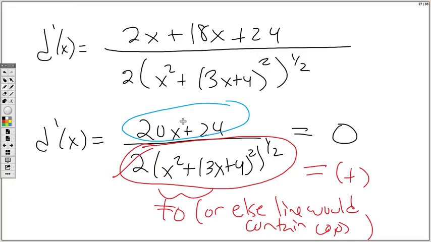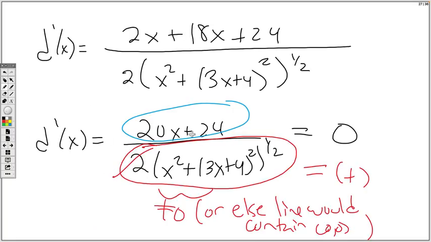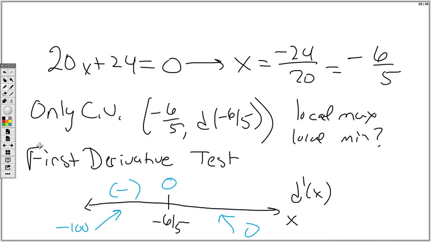Positive or negative? If I plug in a number bigger than negative 6/5, like 0, that numerator is going to be what kind of number? Positive.